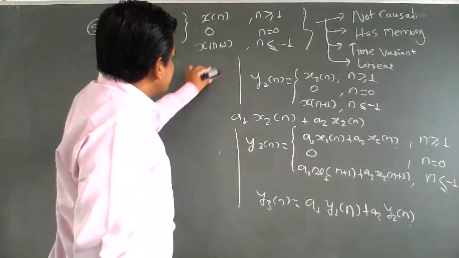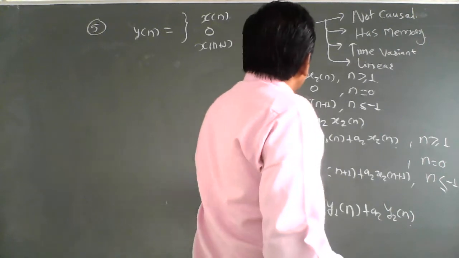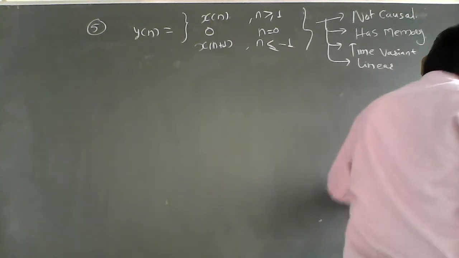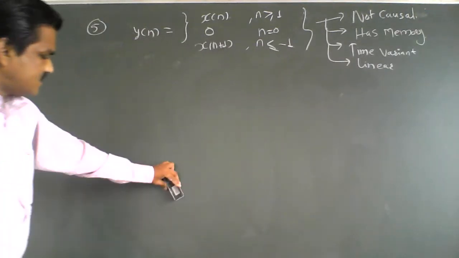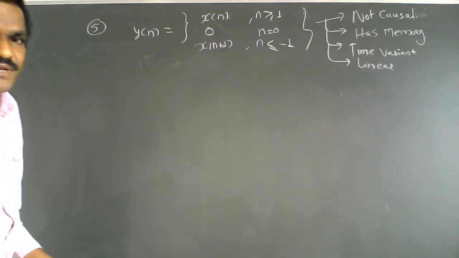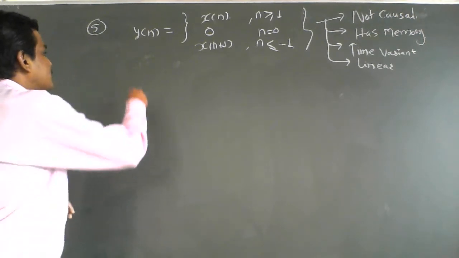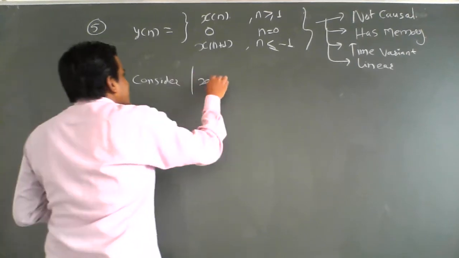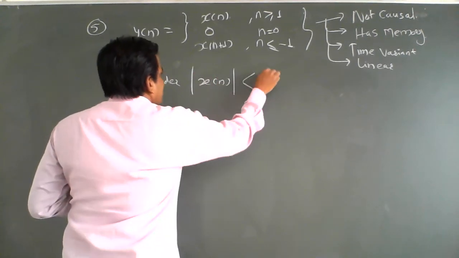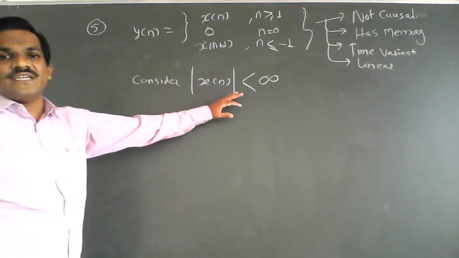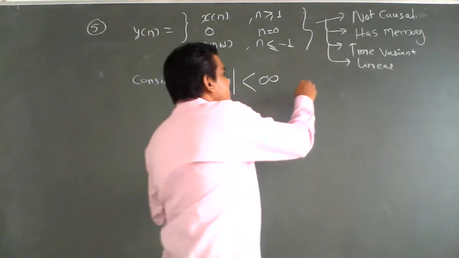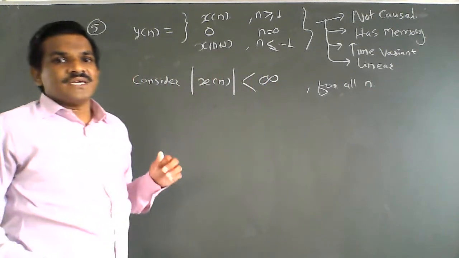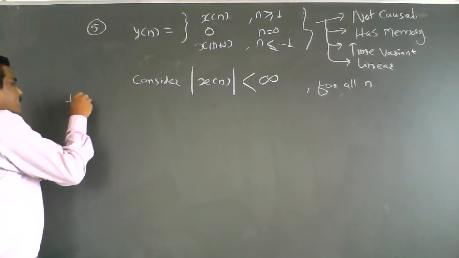The system is said to be stable if a bounded input produces a bounded output. If a bounded input produces a bounded output, then we call the system a stable system, or you can say a BIBO stable system. So let us consider that mod of x of n is bounded, or you can say it is less than infinity for all values of n. Then what is y of n?